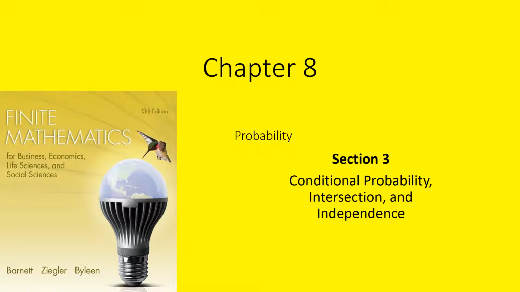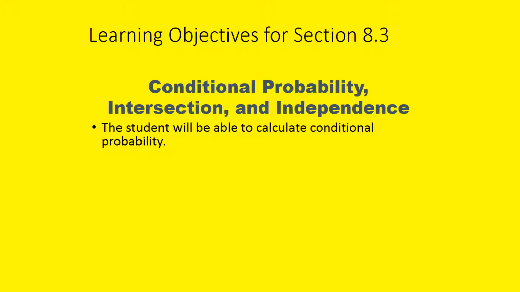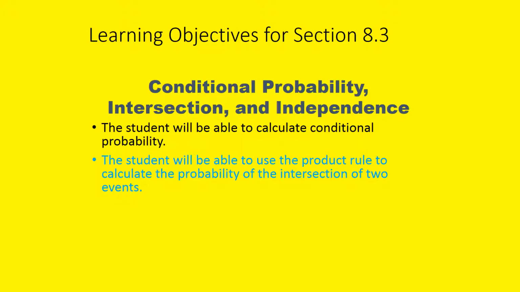We continue section 8.3, conditional probability, intersection, and independence. We have dealt with the first objective, calculating conditional probability, and now we move to the next: the student will be able to use the product rule to calculate the probability of the intersection of two events.